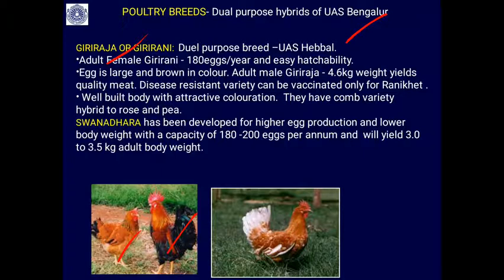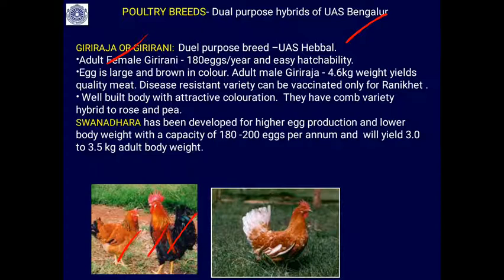It gives quality meat and is disease resistant to all local poultry diseases. But it cannot be reared as a commercial breed because it takes a long duration to mature, almost 2 years. So it is only good for backyard poultry, not for commercial farms.